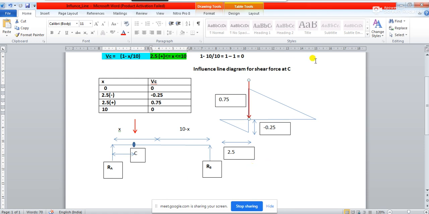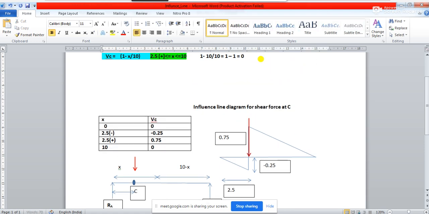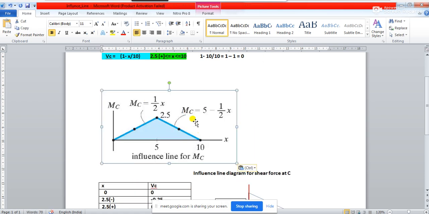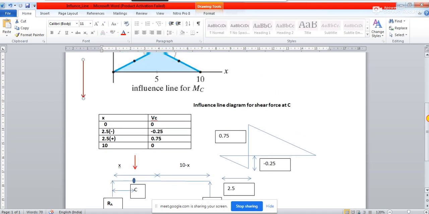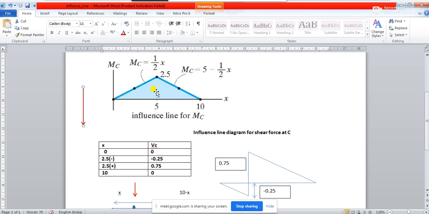Suppose this 4 kilonewton load is moving over a beam, and you are asked to find out what will be the maximum bending moment in this beam because of the 4 kilonewton load.